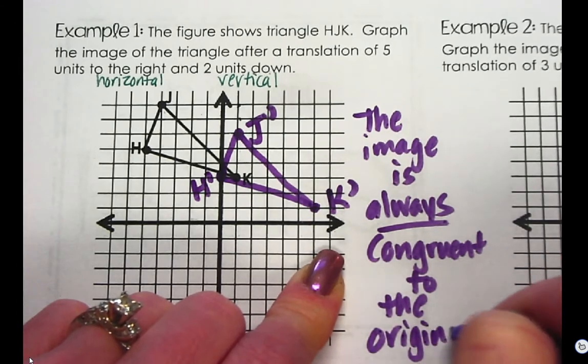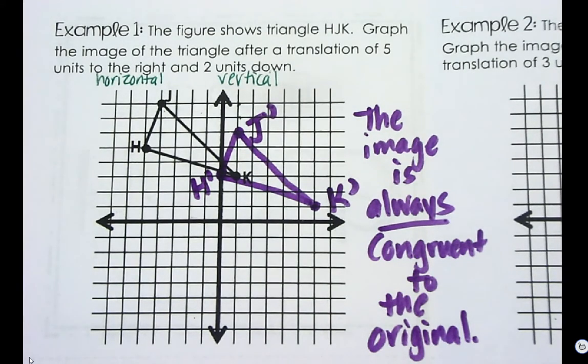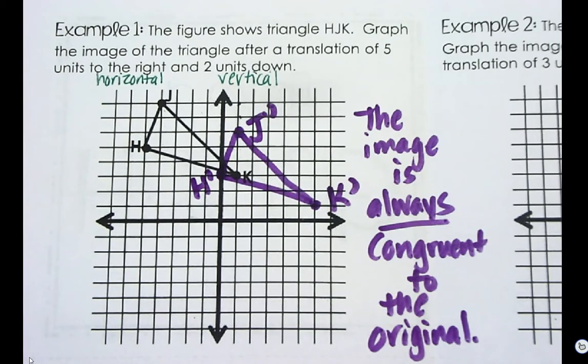If it looks different, if it looks bigger or smaller, or the side lengths don't look like they're in the same proportion, go back and check, because it should look exactly the same. The image, which is the new shape, is always congruent to the original shape.